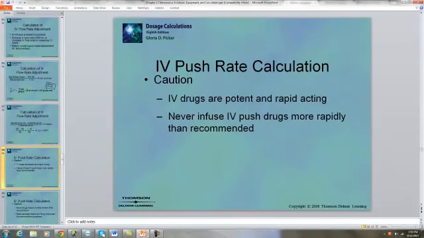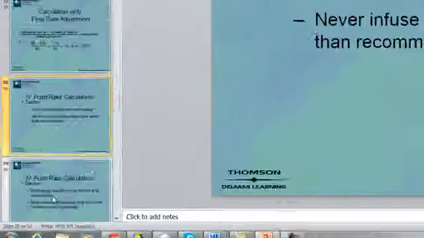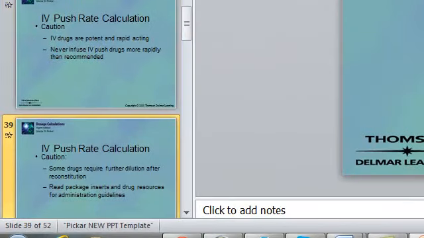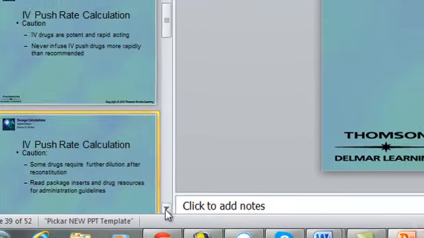The caution on the IV push rate calculation: IV drugs are potent and rapid acting. Never infuse IV push drugs more rapidly than recommended. Some drugs require further dilution after reconstitution, so read the package inserts and drug resources for administration guidelines.